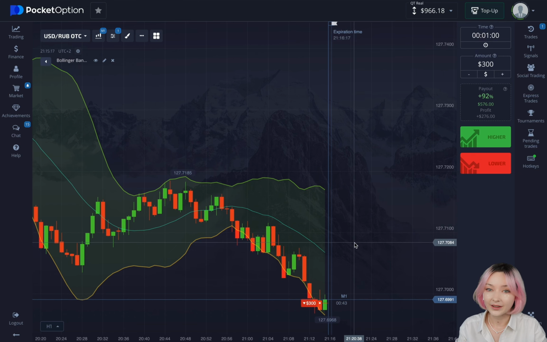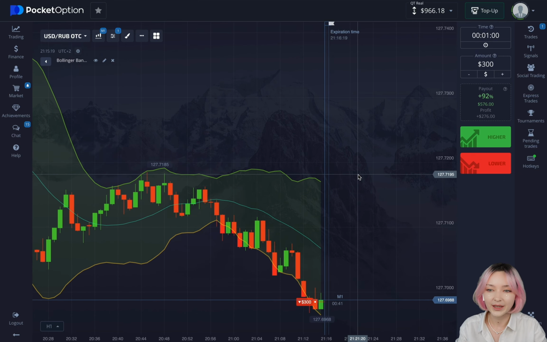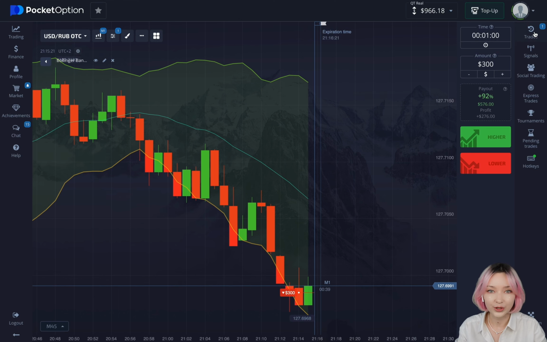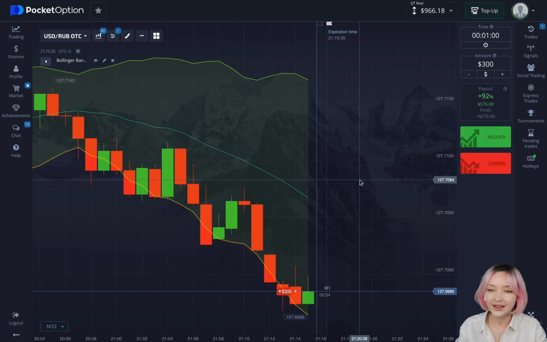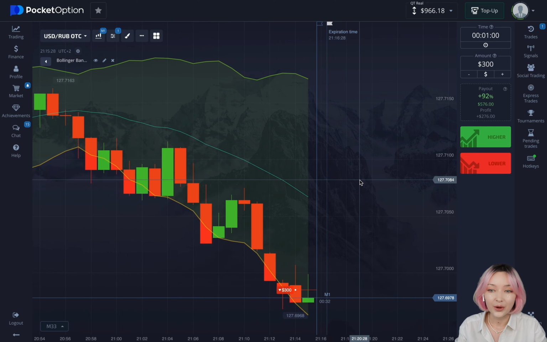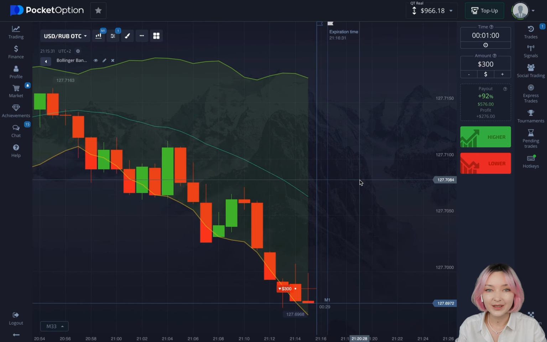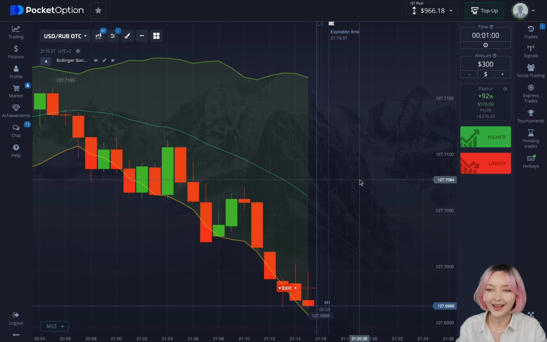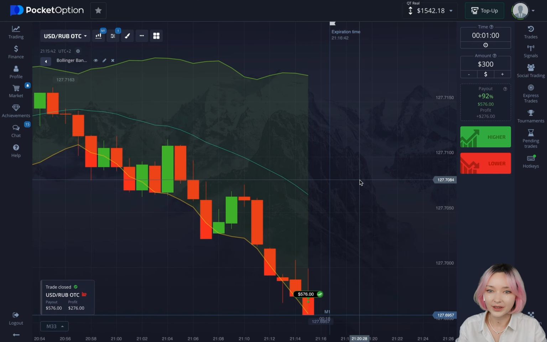So if you're a beginner, I strongly recommend starting your trading journey by trading with the trend, as it simplifies your trading and lowers your chances of making a silly mistake. If you're trading with the trend, your deal has at least double the chance to close in profit rather than trading against the trend.